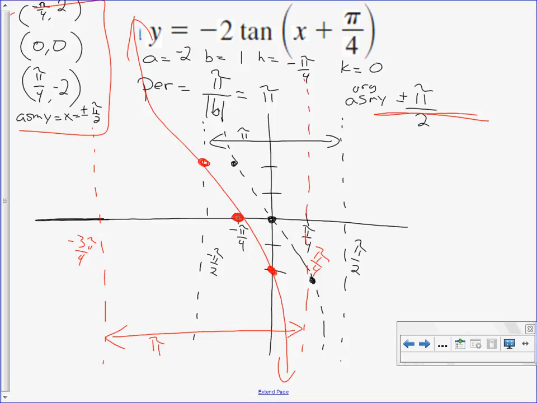Now, once again, what you could do, if you take your 5 points you find right away when you write them out, since you're only moving left, take all your x coordinates and subtract 1/4 from each one of them. That'll give you new sets of ordered pairs. So your new ordered pairs are going to be, well, negative pi over 2 and 2.